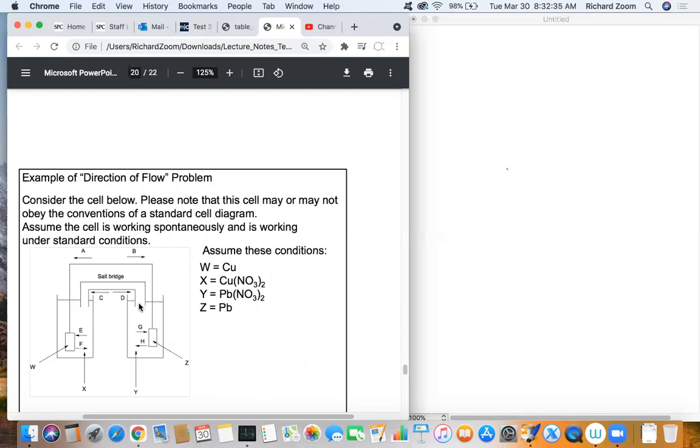And then through the salt bridge, we have negative ions flowing as well in order to make this go. And then we've got a bunch of letters here that will state the direction of flow of different species in the actual electrochemical cell. Does anybody have any questions so far?